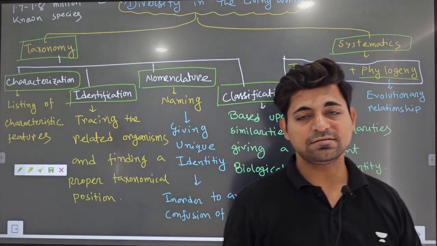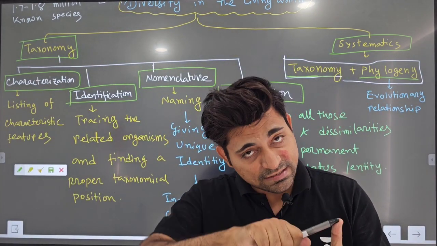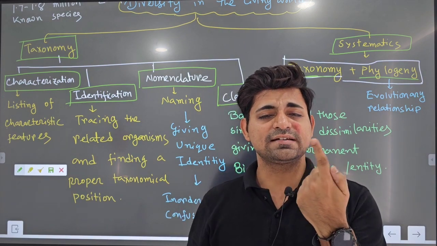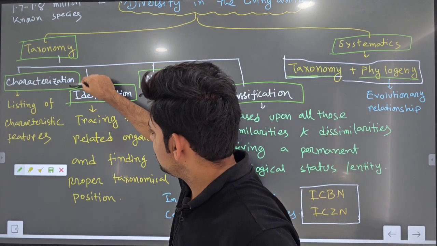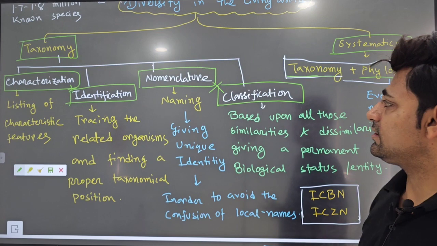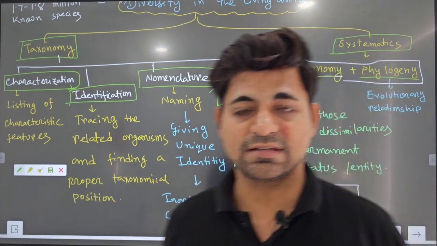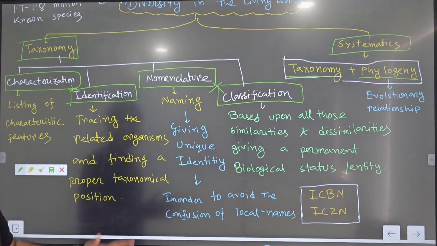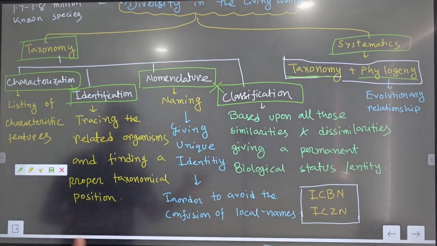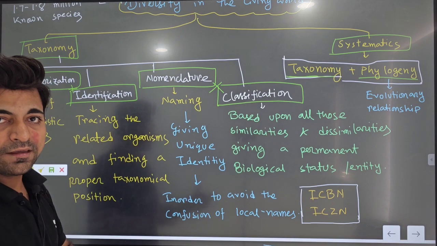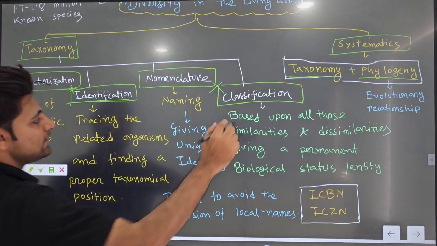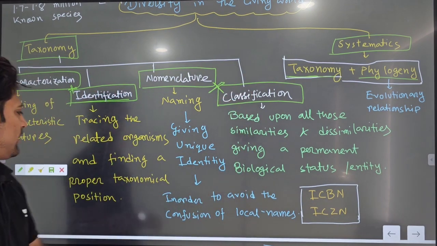Basically, characterization and identification are done simultaneously. Nomenclature and classification are also done simultaneously. So don't get confused about which is before and which is later. First you have to start this taxonomical study with characterization and identification, and you have to end it with nomenclature and classification.